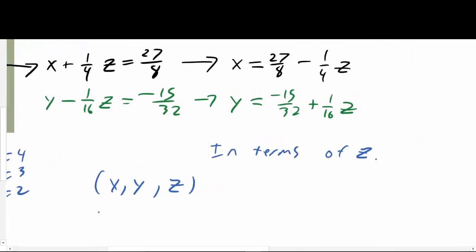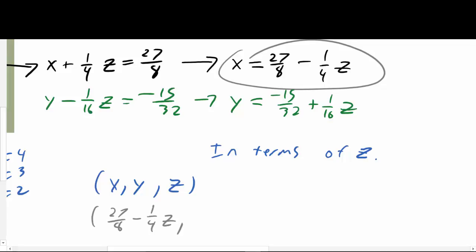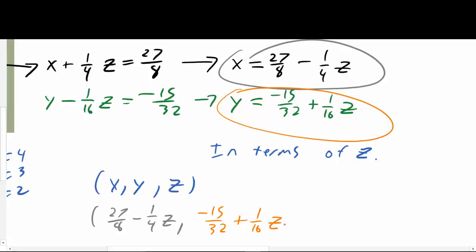But it's not that bad either, because everywhere I have an x, I can replace that with 27/8 minus 1/4 z. Everywhere I have a y, I can replace it with negative 15/32 plus 1/16 z.